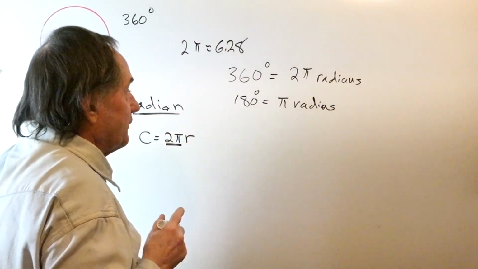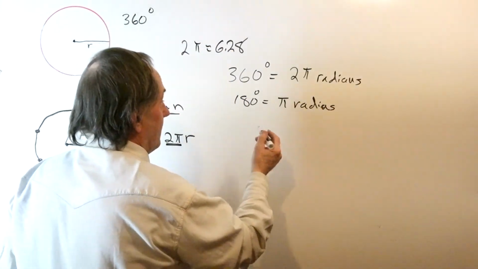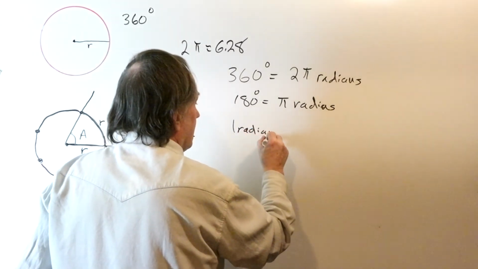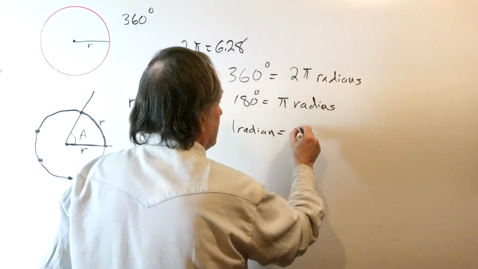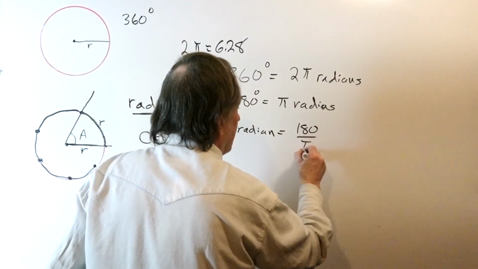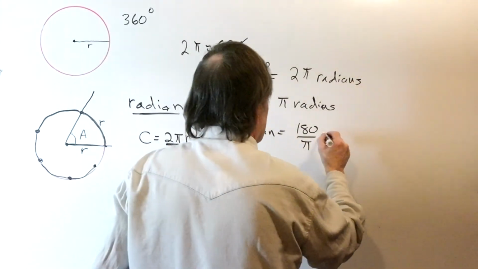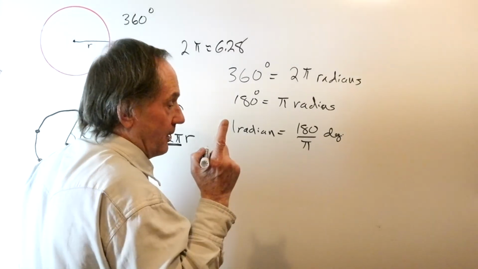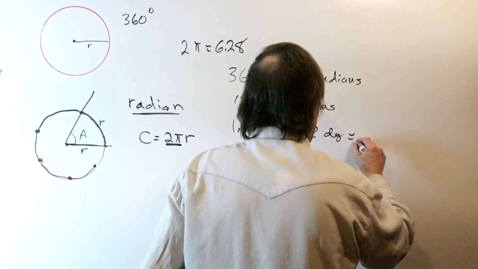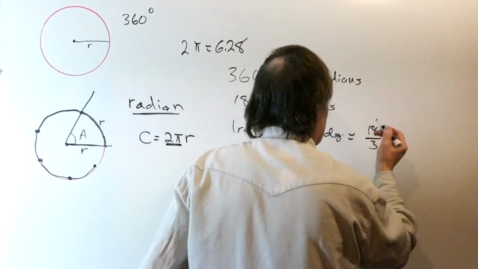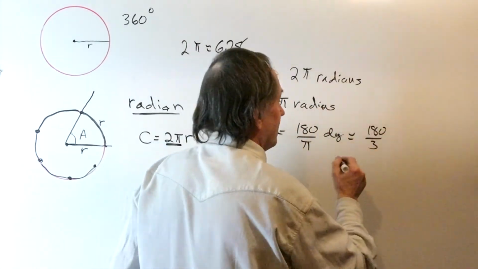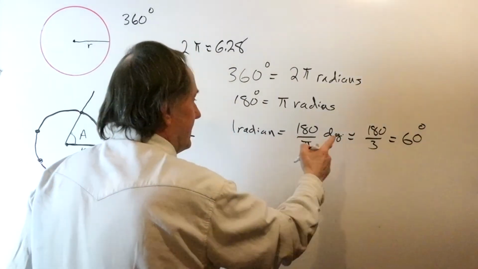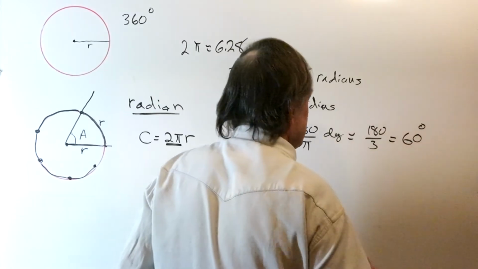Well, how much is 1 radian in terms of degrees? If there are pi radians in 180 degrees, then there will be 180 divided by pi degrees in 1 radian. Pi is very close to 3, so this would be approximately 180 divided by 3. Pi is a little bit greater than 3. 180 divided by 3 is 60. So 1 radian is a little bit smaller than 60 degrees.